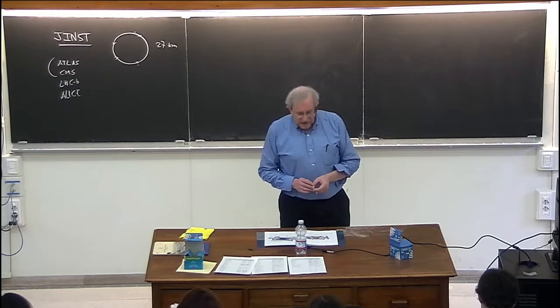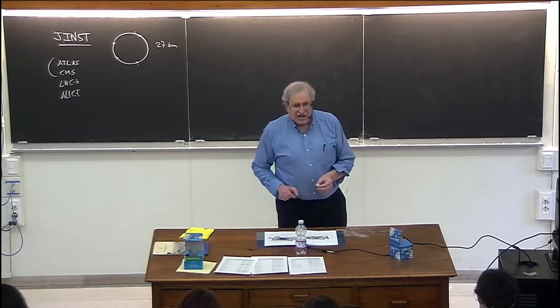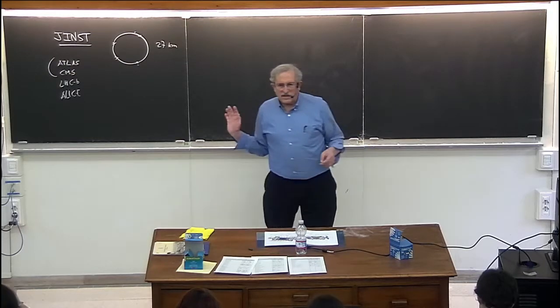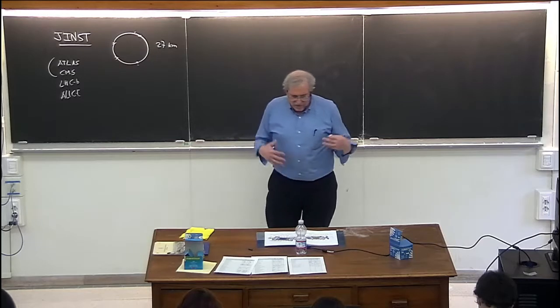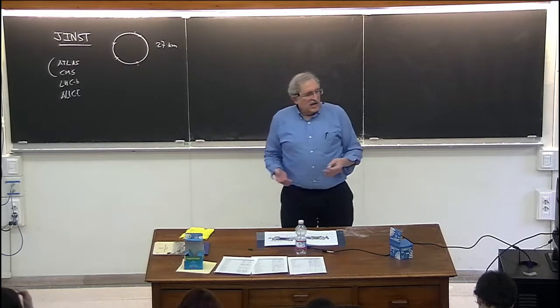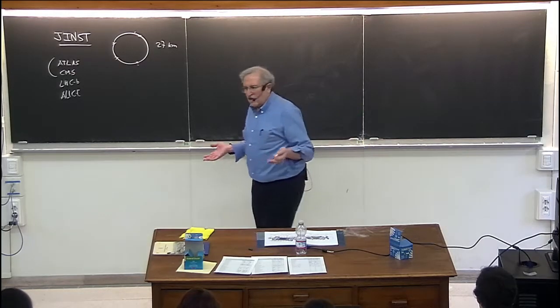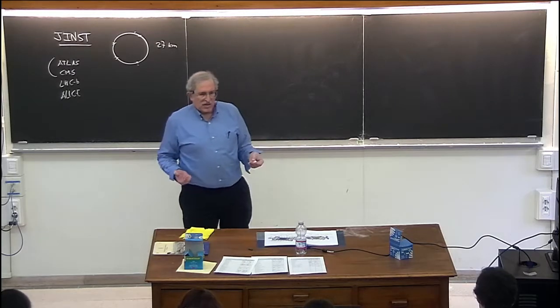If you compare the diagrams of Atlas and CMS to the diagram of the Opal detector that I showed you in lecture 1, you'll see that the plan is very similar, and that follows the logic that I explained in lecture 1.